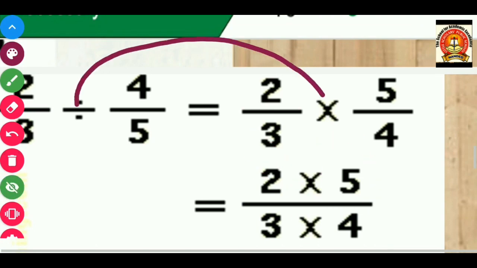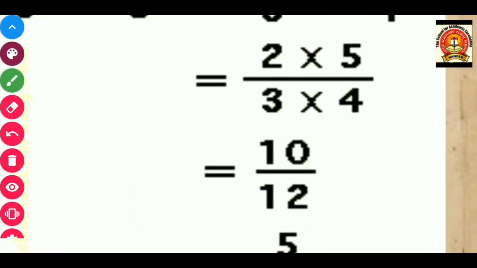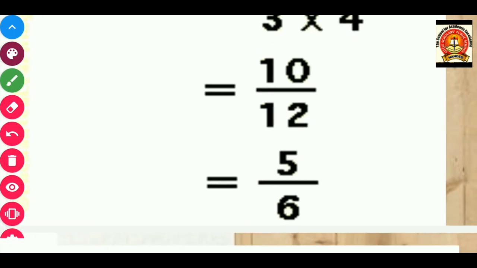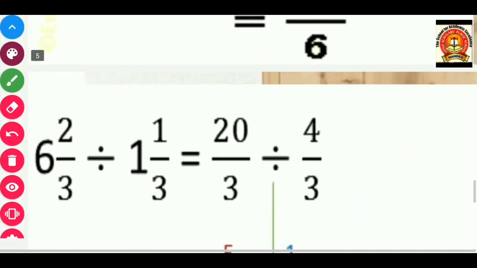Division turns into multiplication, and 4 by 5 we flip into 5 by 4, and then like a simple multiplication you do 2 5s and then 3 4s. 2 5s are 10 and 3 4s are 12. 10 upon 12, that means 5 upon 6, and this 5 upon 6 is a proper fraction in reduced form, so here is the result ready.